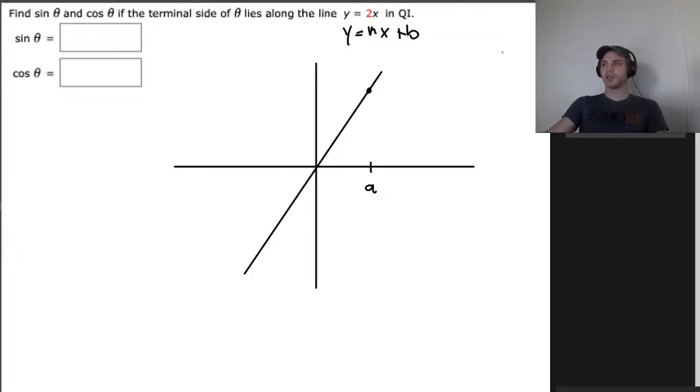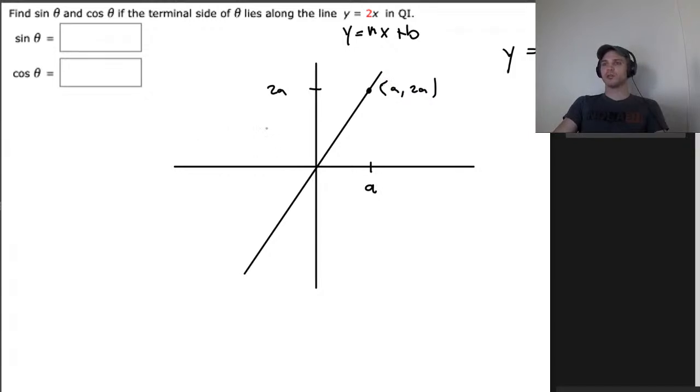If I plug x equals a into my equation, I find that y is equal to 2 times a. So this is the point a comma 2a. And this will be every point on the line. You just put whatever a you want, and that'll give you the y coordinate, which is 2a.